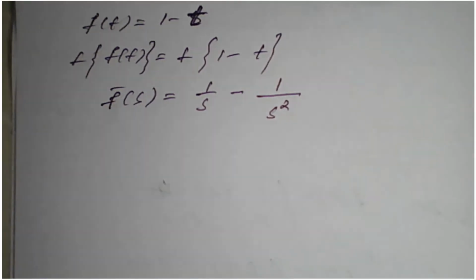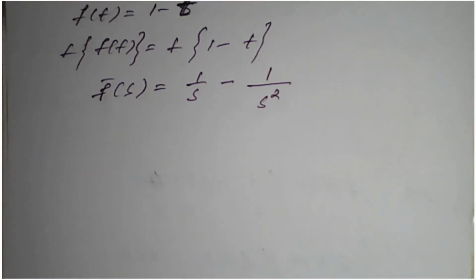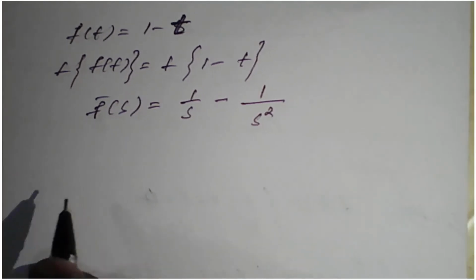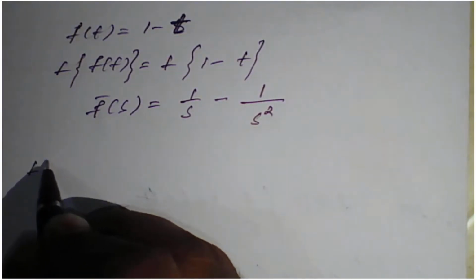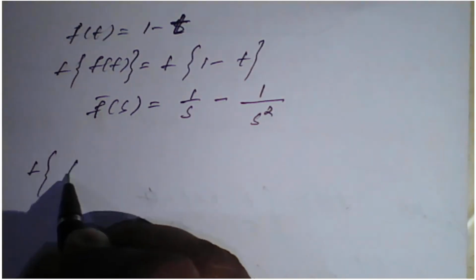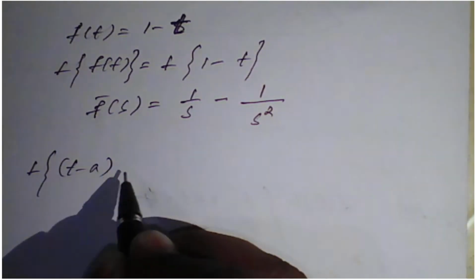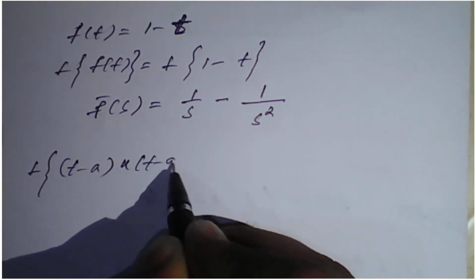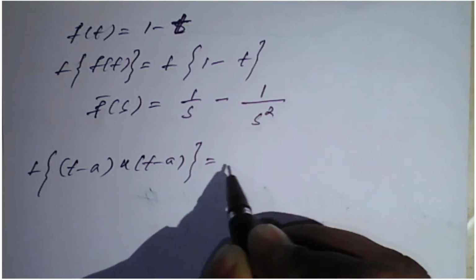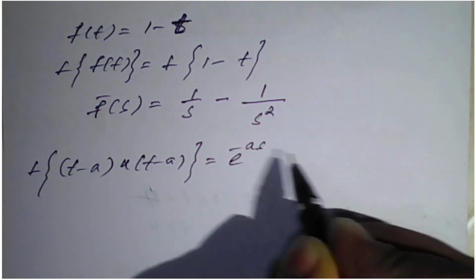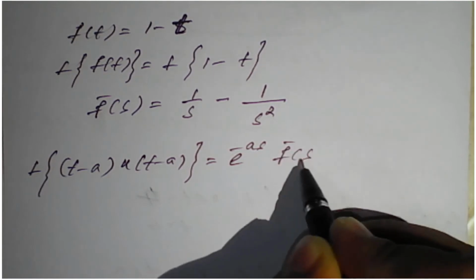So therefore by unit step function property 2, it says Laplace transform of t minus a into u of t minus a is given by e raised to minus as into f dash of s.